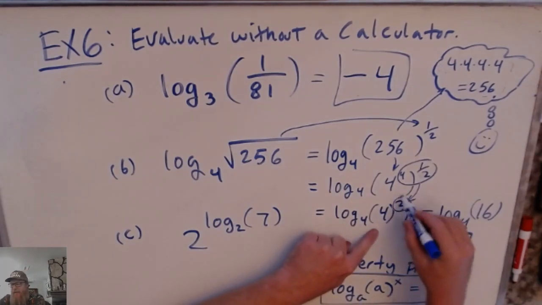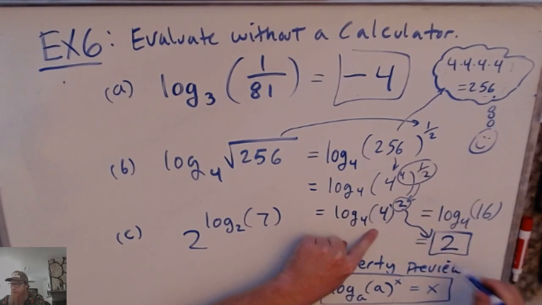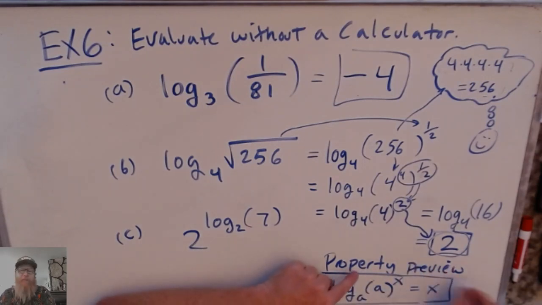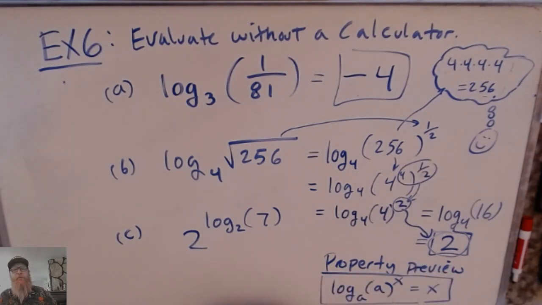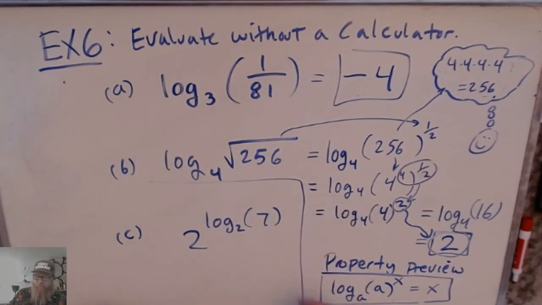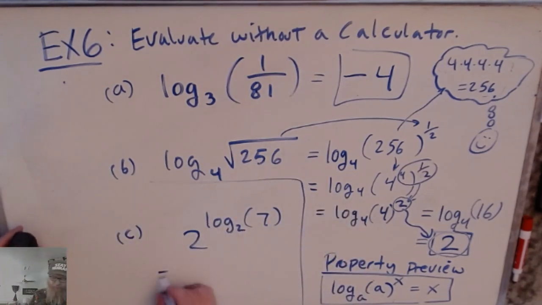In this case, the exponent is 2, and so your answer is just 2. If the exponent was x, well, then the answer would just be x. We sometimes refer to this as an inverse or a cancellation property. This is a preview of that property that we'll get to in the future.